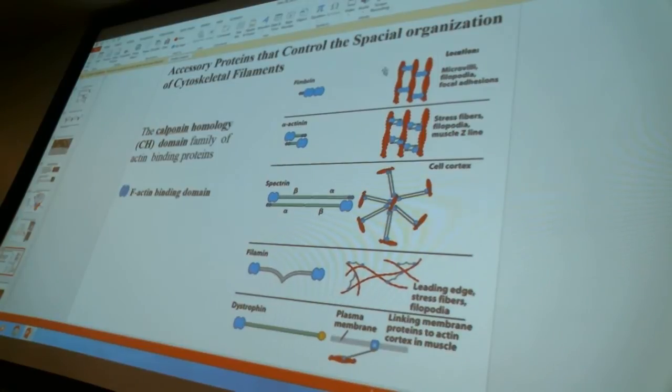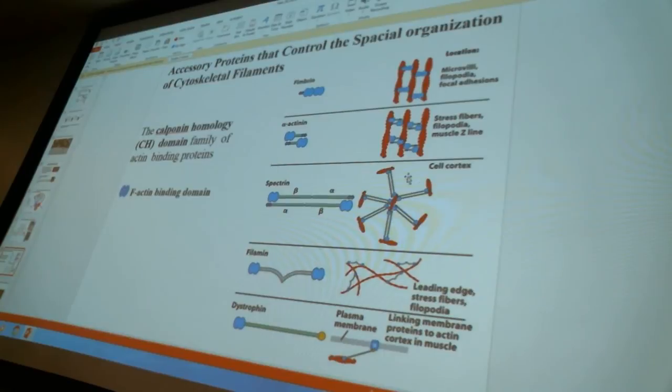All of them are quite different in length and structure, but what makes them all part of the family is the presence of the so-called F-actin binding domain, filamentous actin. So these domains are not going to interact with the globular individual subunits of actin, but will only be able to interact with the filamentous form of actin. And you can see they can form quite different structures, fibers or networks.